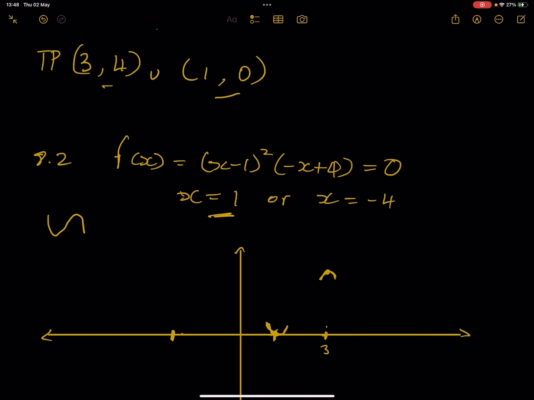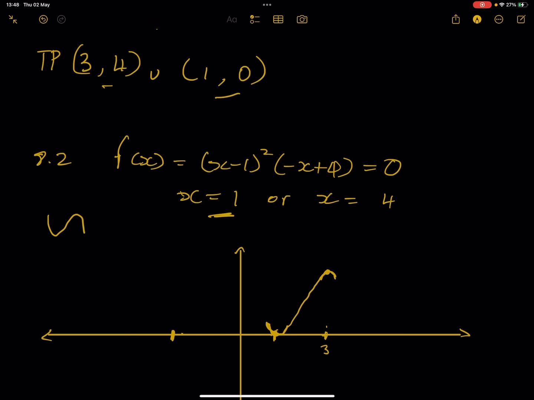Right, so we said our x-intercept would be at negative 4. Actually, I made a mistake. Yeah, I can see that. So that's x is equal to 4.